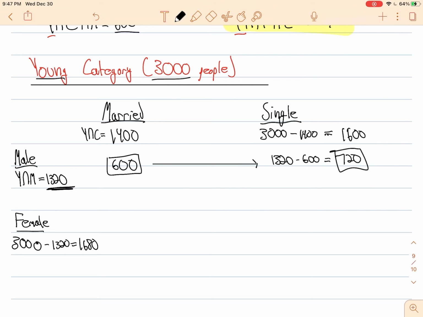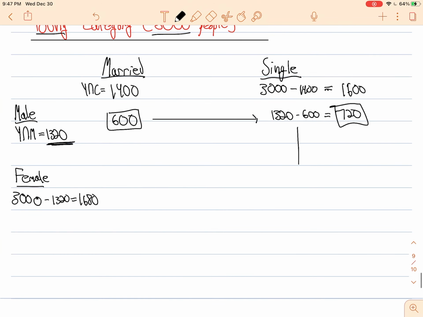Okay? So then let's go to our answer that we want to find. And we can use this row of single. So there's 1,600 single people, meaning that 1,600 minus 720 should give us the amount of young single females. And that, in fact, is 880.